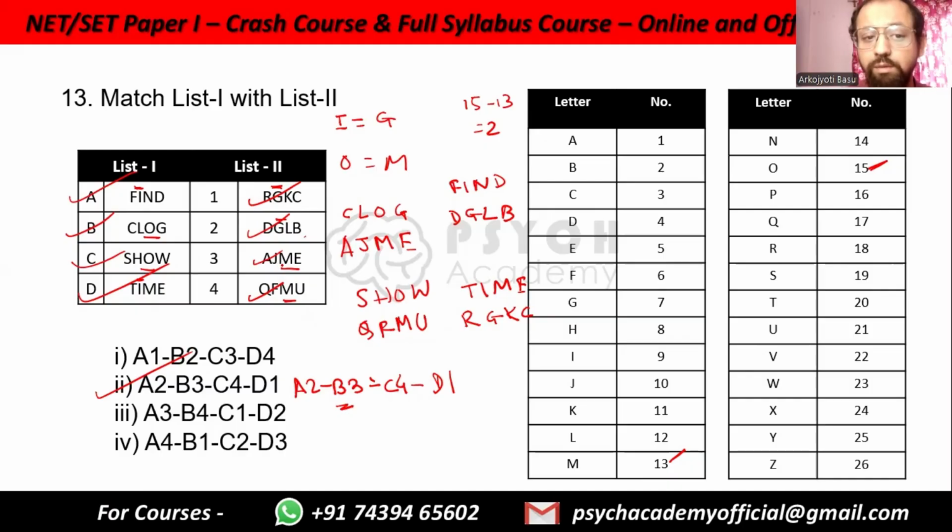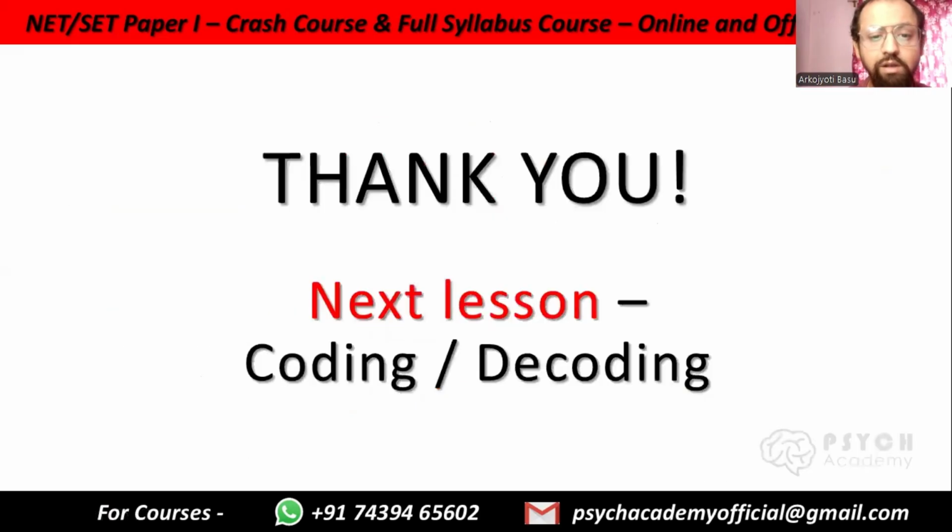So maybe for SHOW and CLOG it is just minus 2, but maybe for FIND and TIME, instead of minus 2, it was minus 3 or minus 4. So at least 2 you have to verify. If you have a lot of time and if you're interested, you can verify all of them also, but at least verify 2.